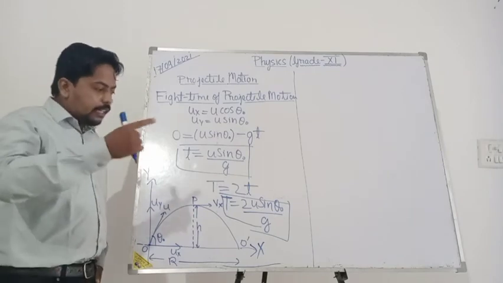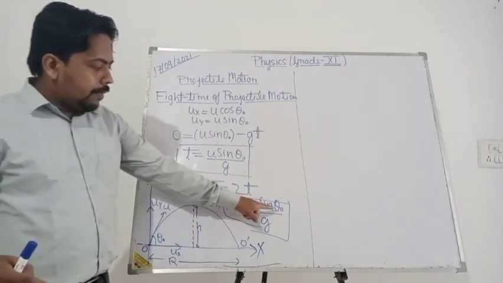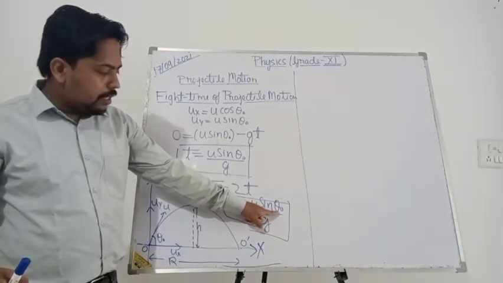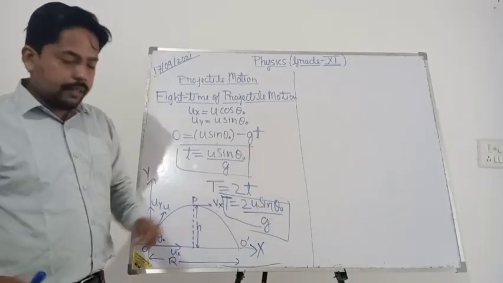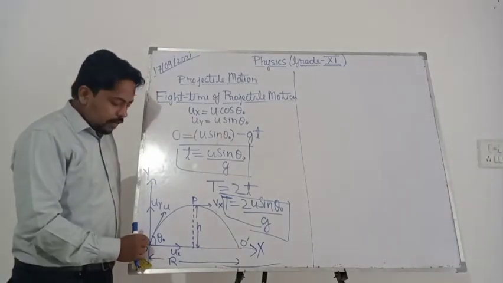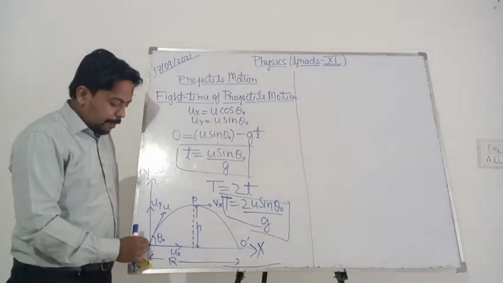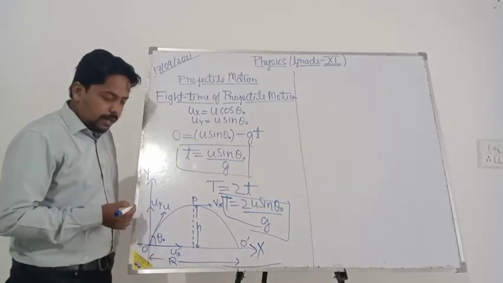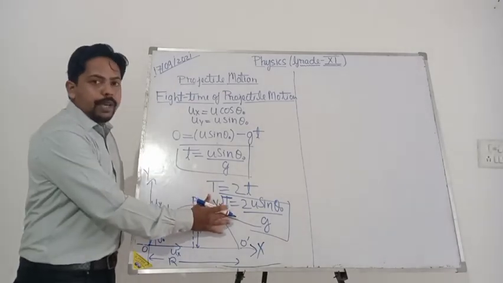So in place of theta, we will be putting theta is equal to 90 degrees. That means we have to project at the perpendicular direction.